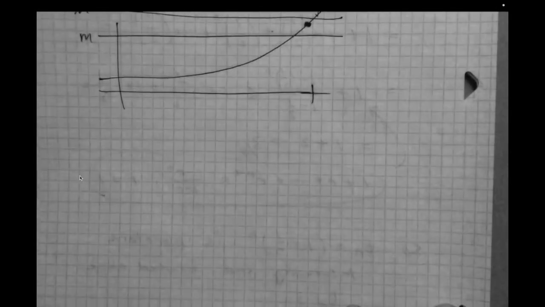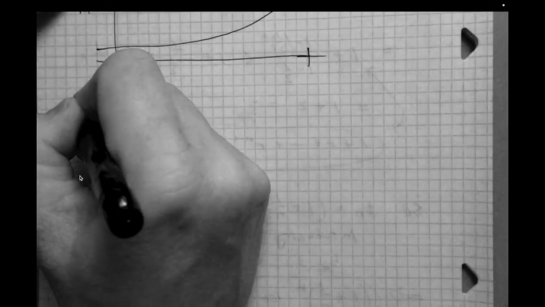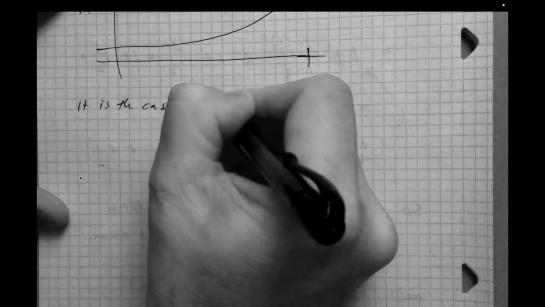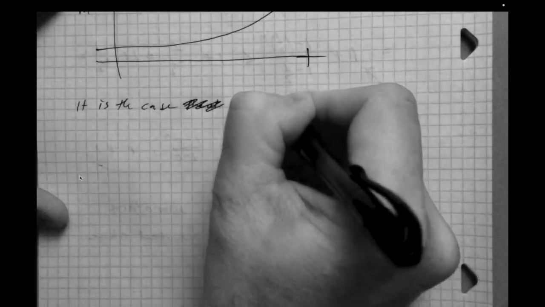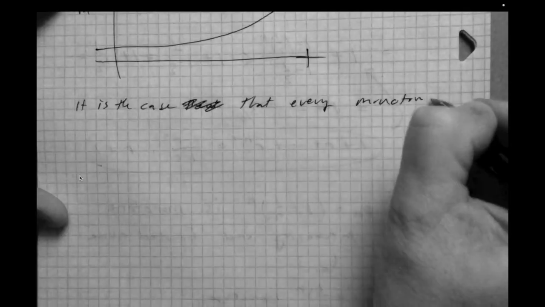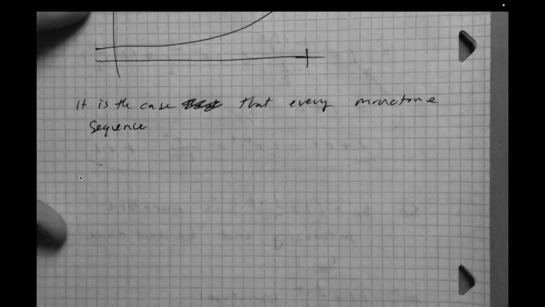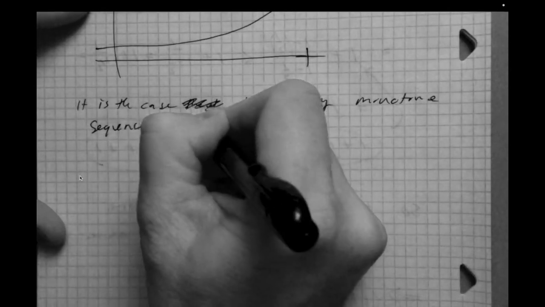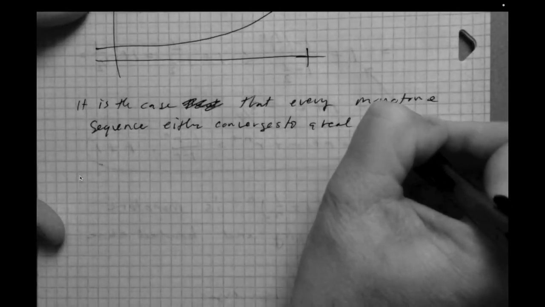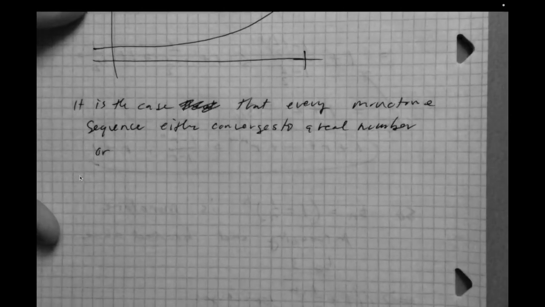Okay, so as a consequence, and just to wrap up the monotone sequence section, it is the case that every monotone sequence either converges to a real number or diverges to infinity.